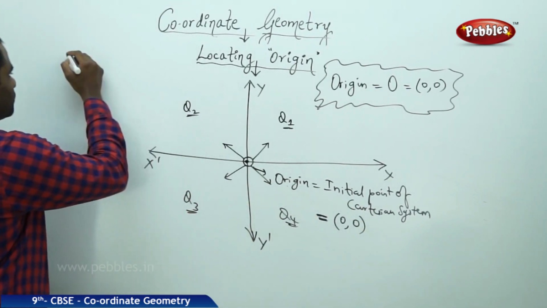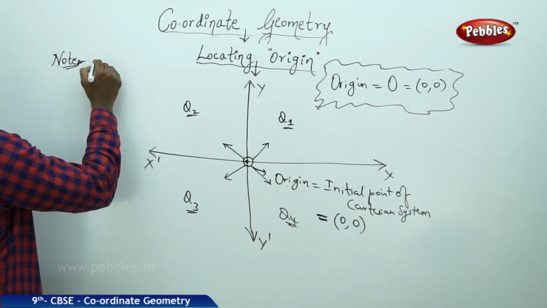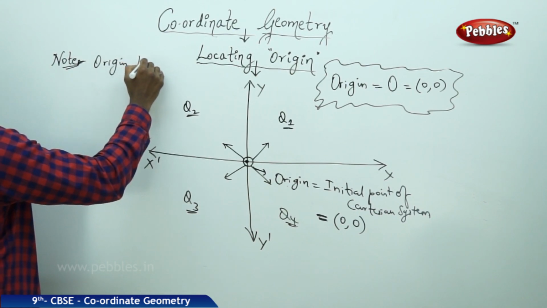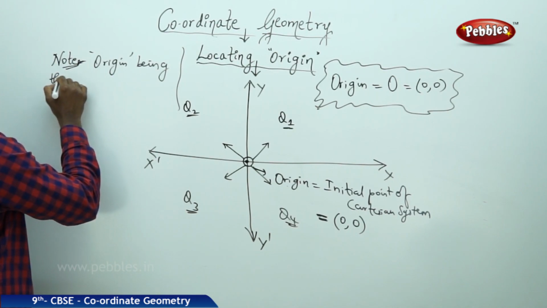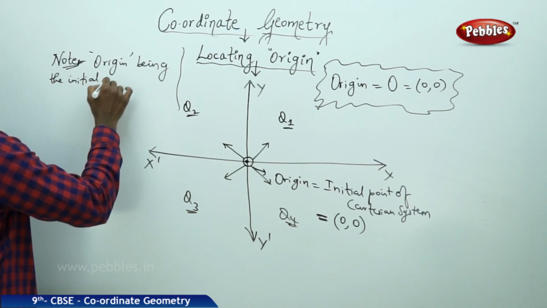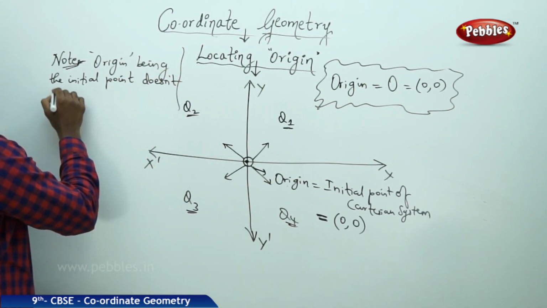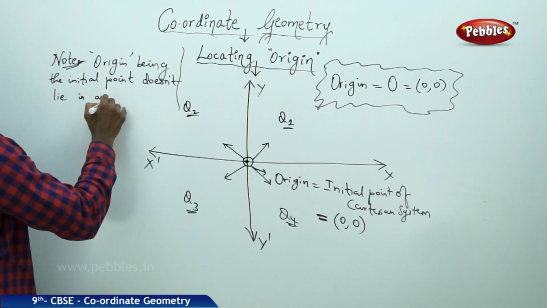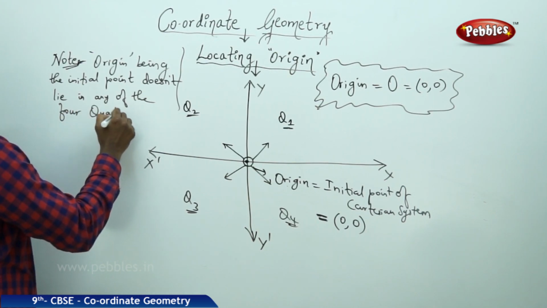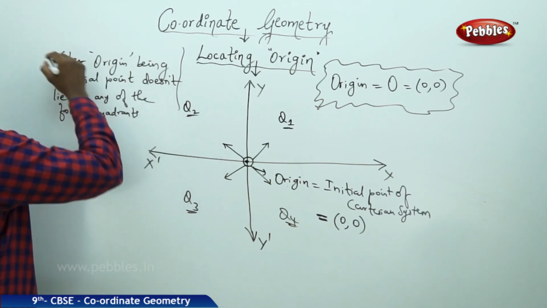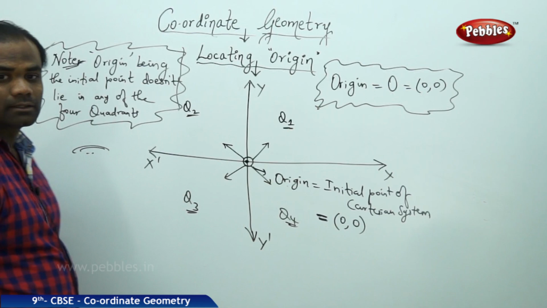Therefore, it's a very important note that the origin, being the initial point, doesn't lie in any of the 4 quadrants Q1, Q2, Q3 and Q4.